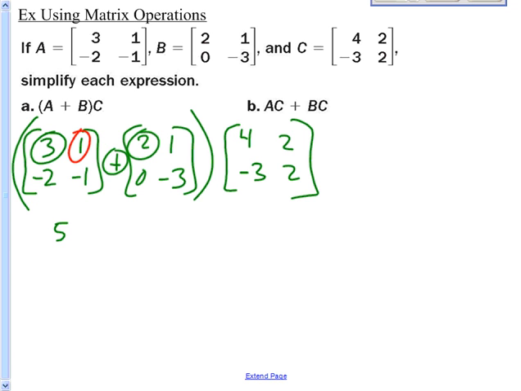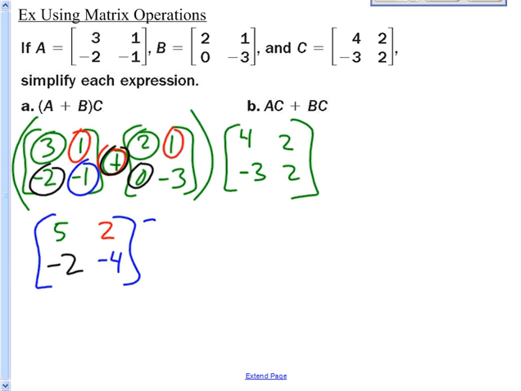Now we got 1 plus the 1, so we got 2. And then we got negative 2 plus 0, so negative 2. And then we got negative 1 plus negative 3, so negative 4. There's A plus B. Now we got to multiply by the C.